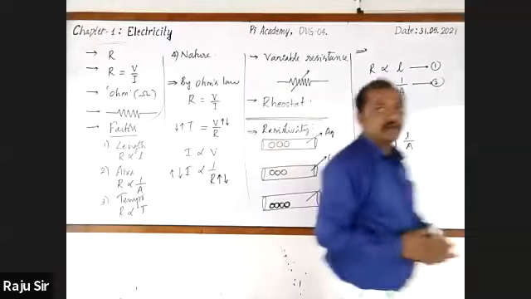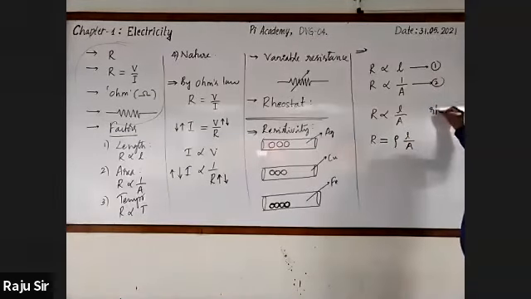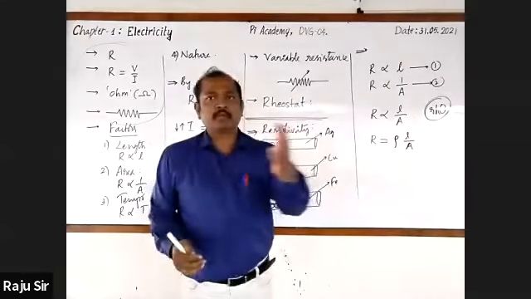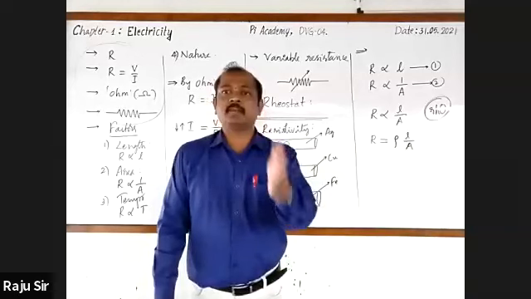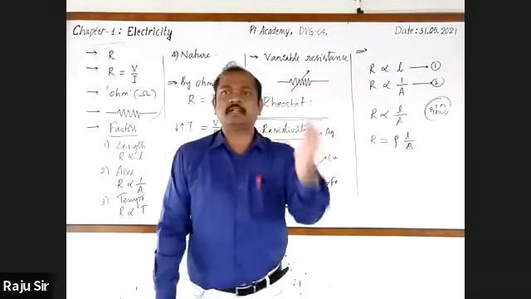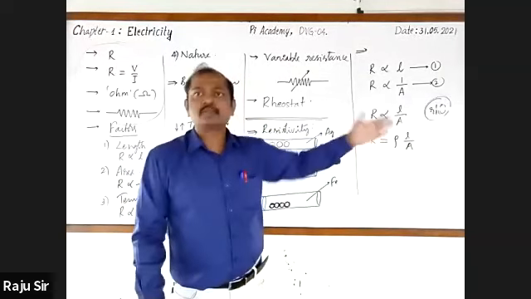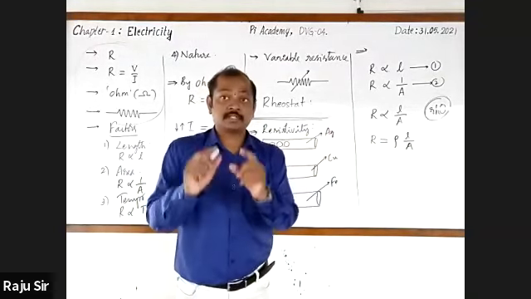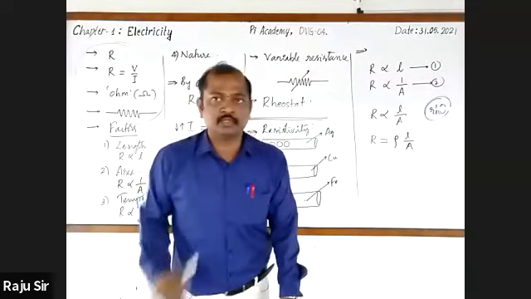It is rho, RHO. That is the symbol of rho. You are very familiar with Greek letters like alpha, beta, gamma, theta, zeta, delta, iota, epsilon. Similarly there exists rho.